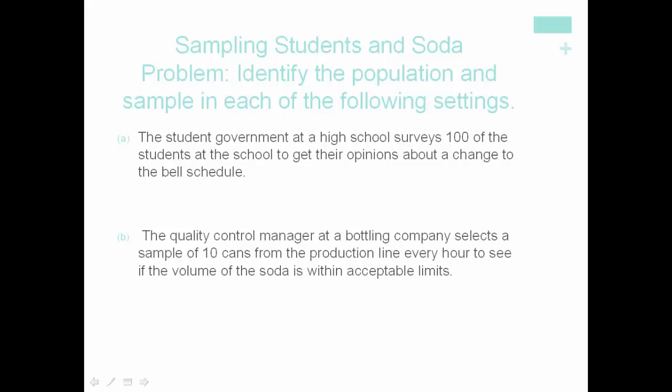Here's an example of identifying population and samples in settings. Part A. The student government at a high school surveys 100 of the students at the school to get their opinions about a change to the bell schedule. In this case, our population would be all students at the school.